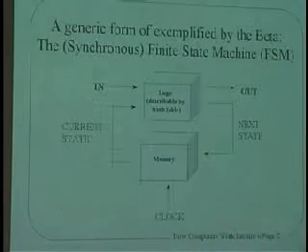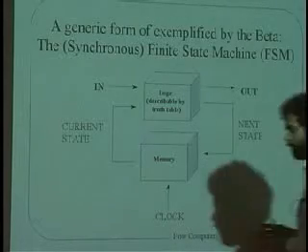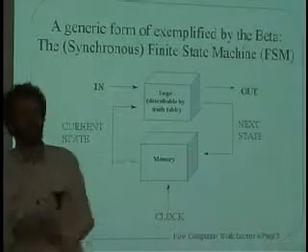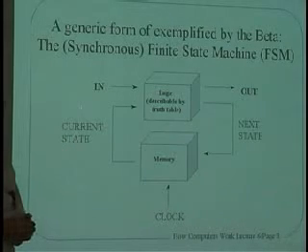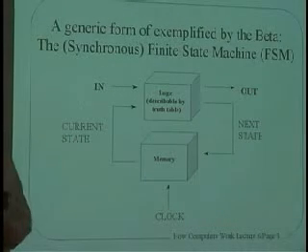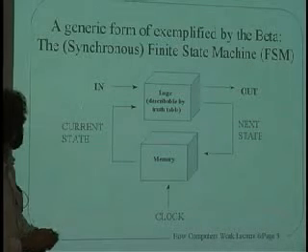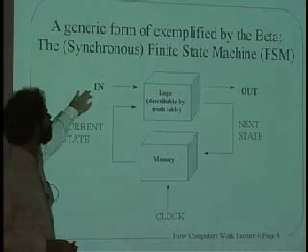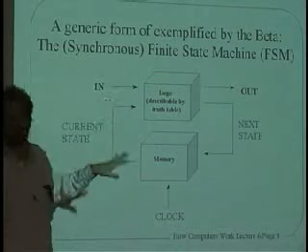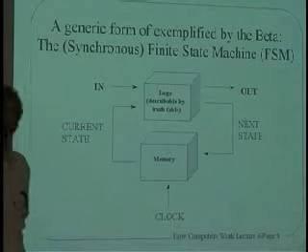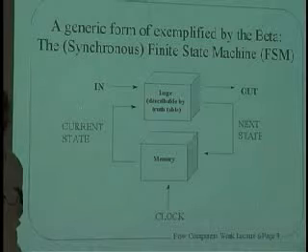So the general structure of any finite state machine, including the computer that we've been looking at, the Beta, including every computer that's been made that is a digital one, looks something like this. There are some kind of inputs to the system. The computer we've drawn so far, I haven't shown you any of the inputs, but I've hinted that there may be a keyboard hooked up, or a mouse, or a network interface.